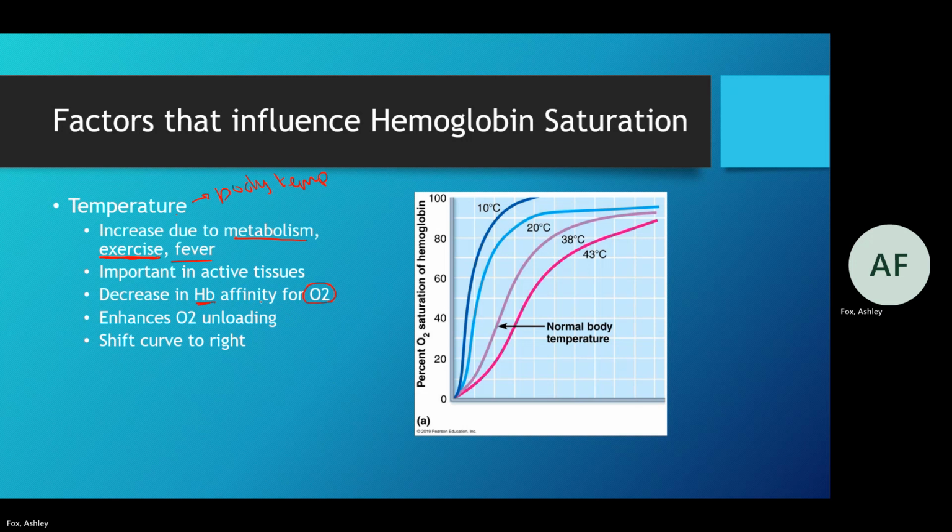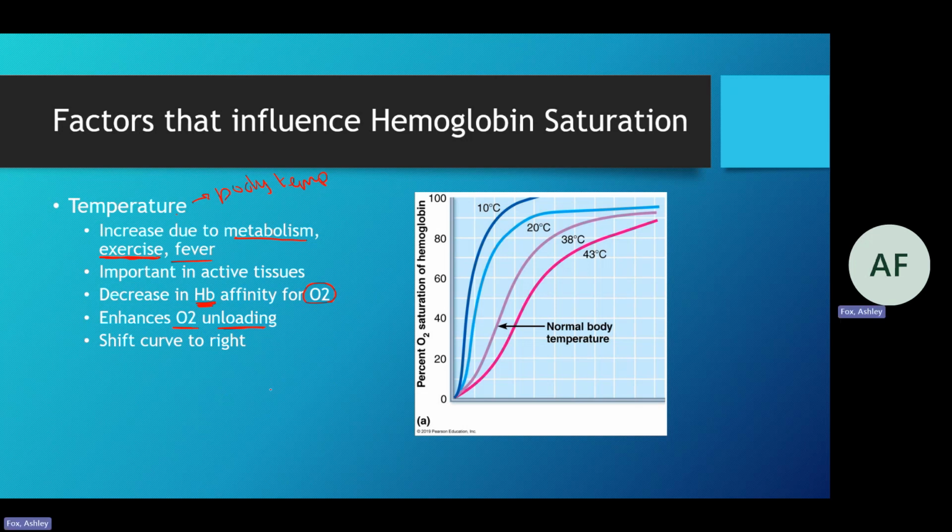Why? You want hemoglobin to not desire oxygen as much because you want hemoglobin to give oxygen to the tissues. So that enhances oxygen unloading, meaning that you're going to have less hemoglobin saturation at a higher partial pressure.